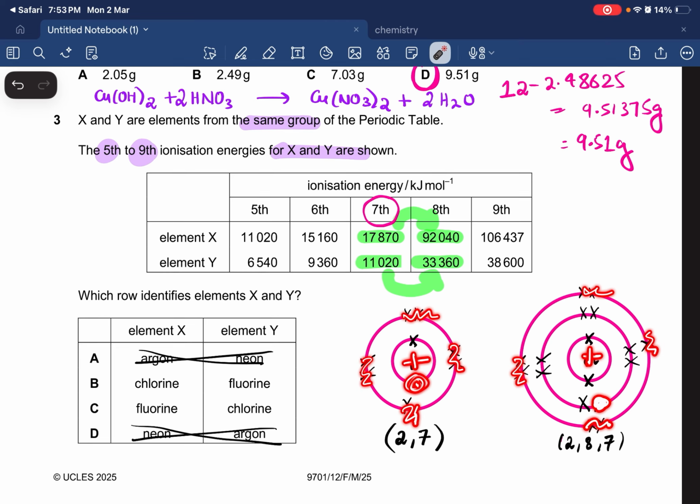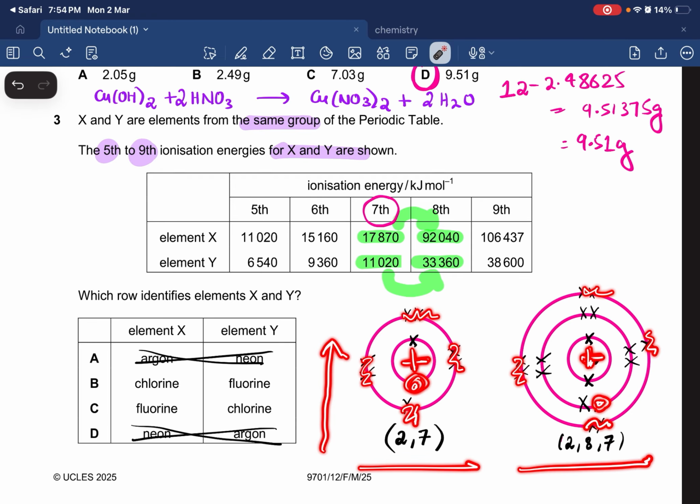Now check it for yourself. In fluorine, the distance between the 8th electron and the nucleus is less. In chlorine, the distance between the 8th electron and the nucleus is more. So that means fluorine is going to have a higher 8th ionization energy compared to chlorine.